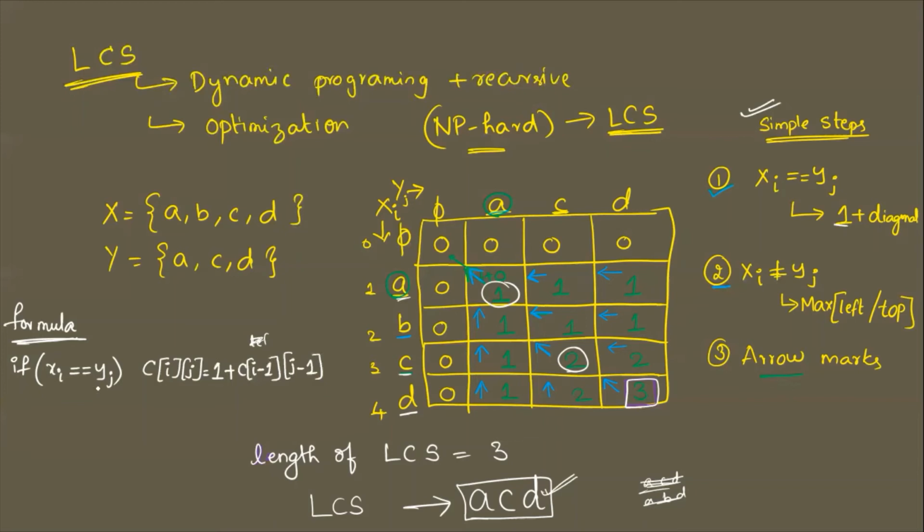If this is not the case, if your x of i is not equivalent to y of j, then what you have to do? Then c of i, j is what?